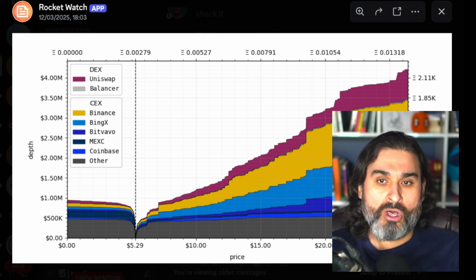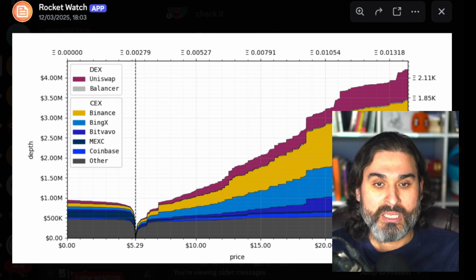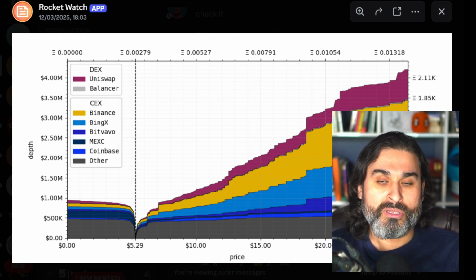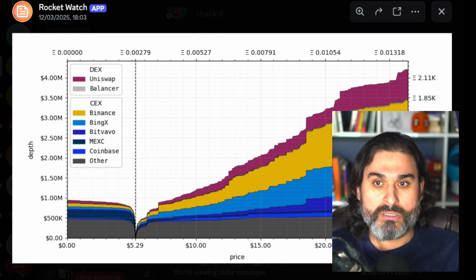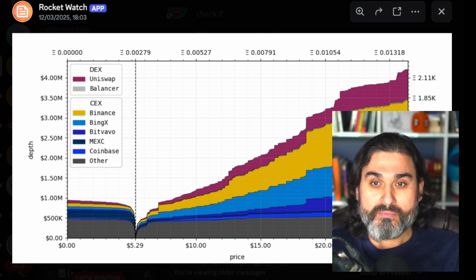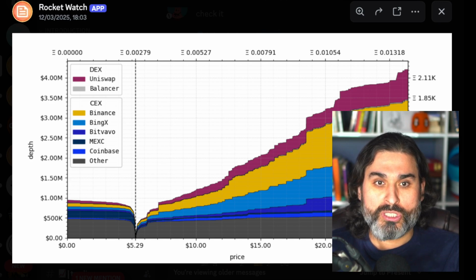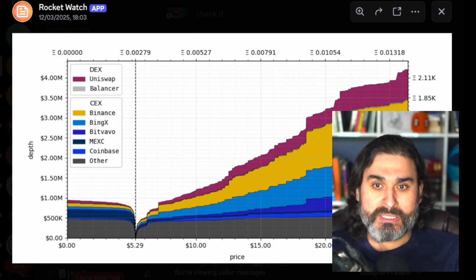And then on the sell side, as the price goes up, people will be selling their RPL. There's a whole lot of liquidity there going up to $30, many millions of dollars worth, thousands of ETH worth of liquidity, and that is mostly on Uniswap and Binance, and then we have it on BingX and Mexi and others as well.